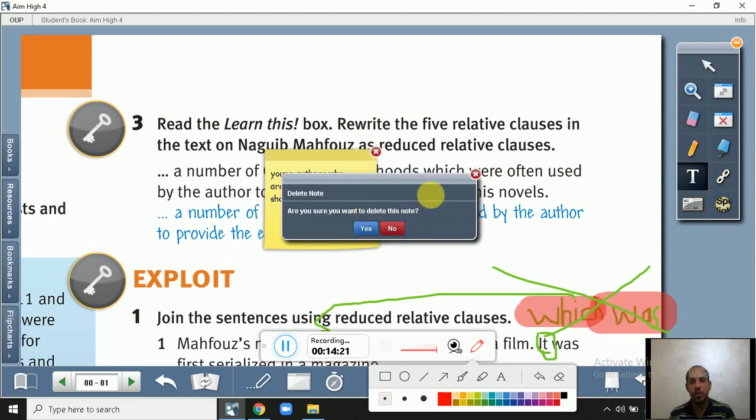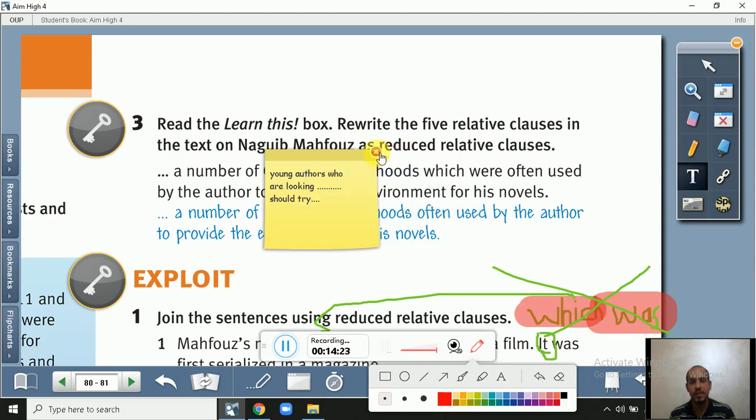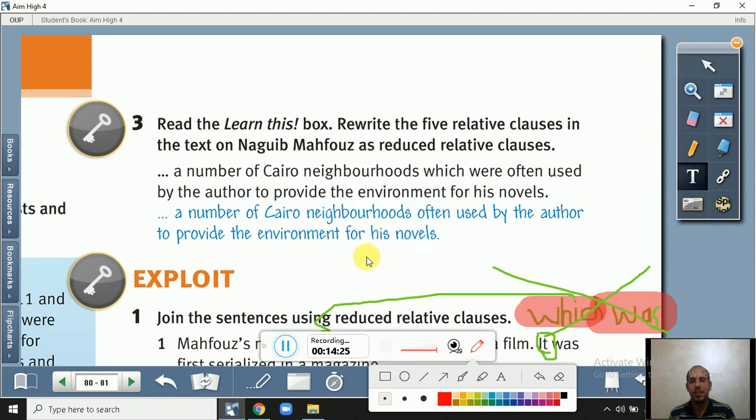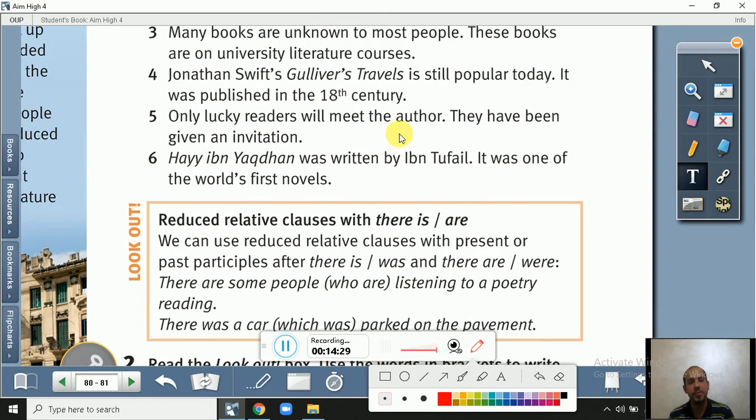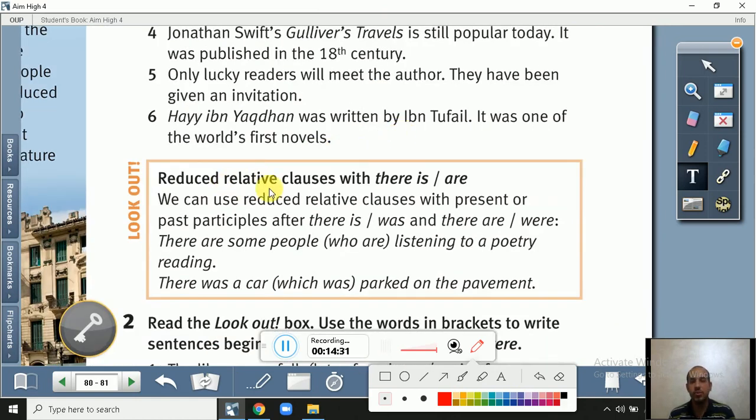Okay, you can complete the other sentences, but there's a short note that you have to be aware of. Now, reduced relative clauses with there is and there are. You can reduce relative clauses with a present participle.